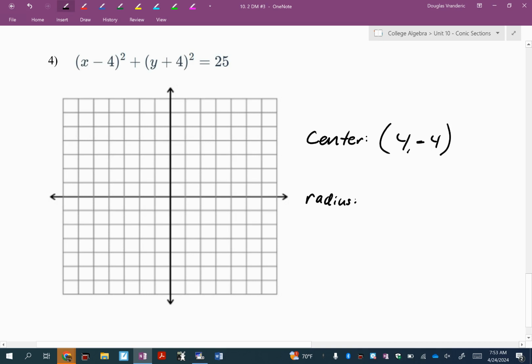Yeah, it's 5. Very good. This is a pretty large circle, I agree.